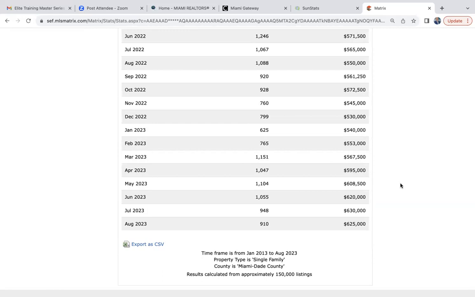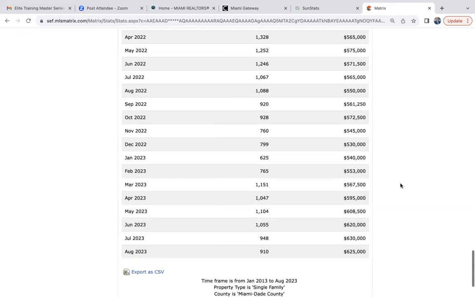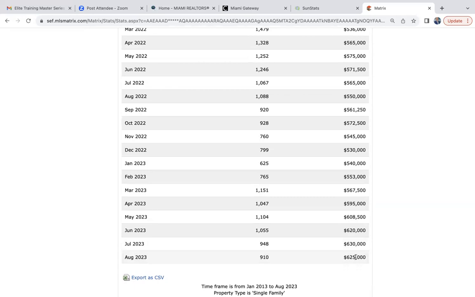It's not falling. If you take a look at August of this year versus August of last year, 550 up to 625, that's a $75,000 increase in median sales price for a single family home in Miami-Dade County.